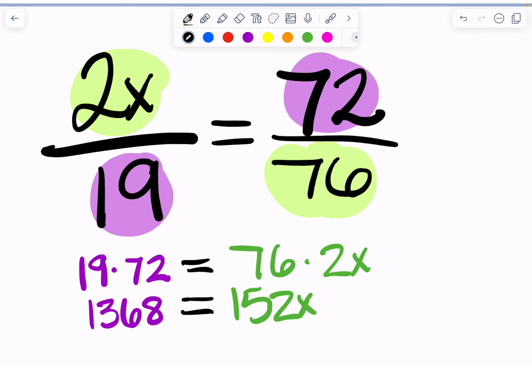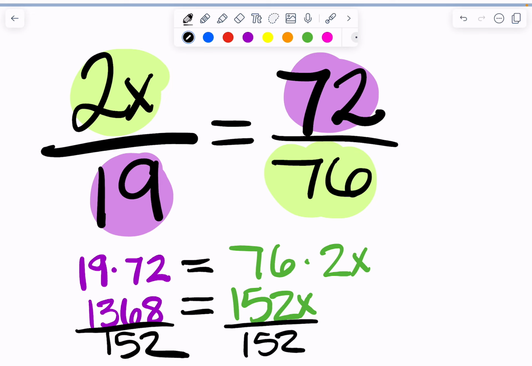And then now I have an equation that I can solve. So 152 times something is equal to 1,368. So I can divide by 152 and get that x is going to equal 9.